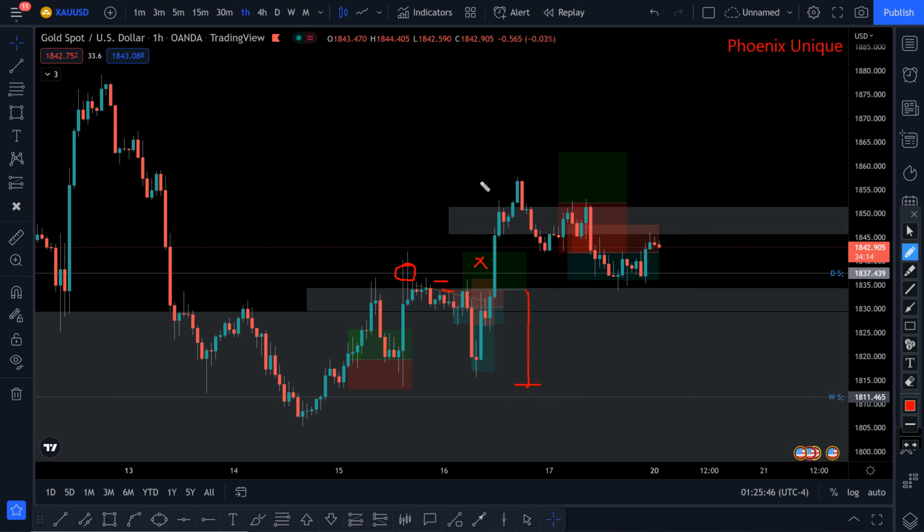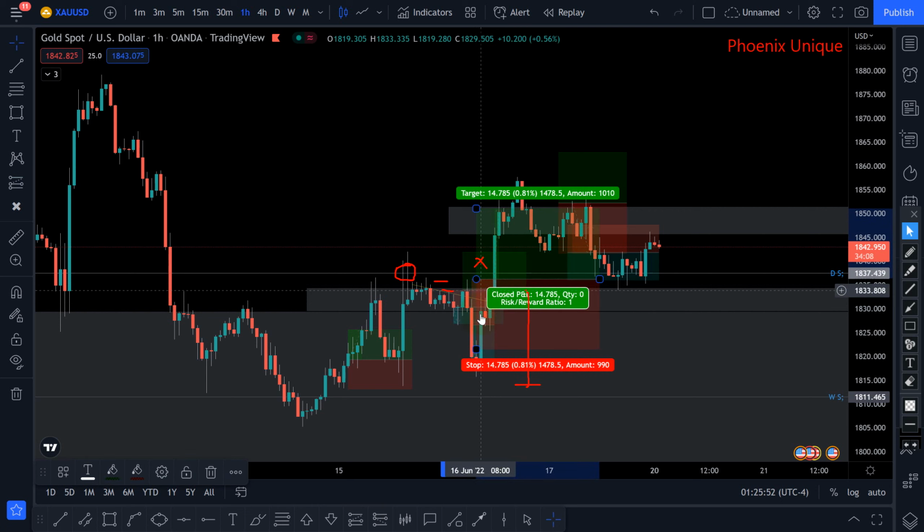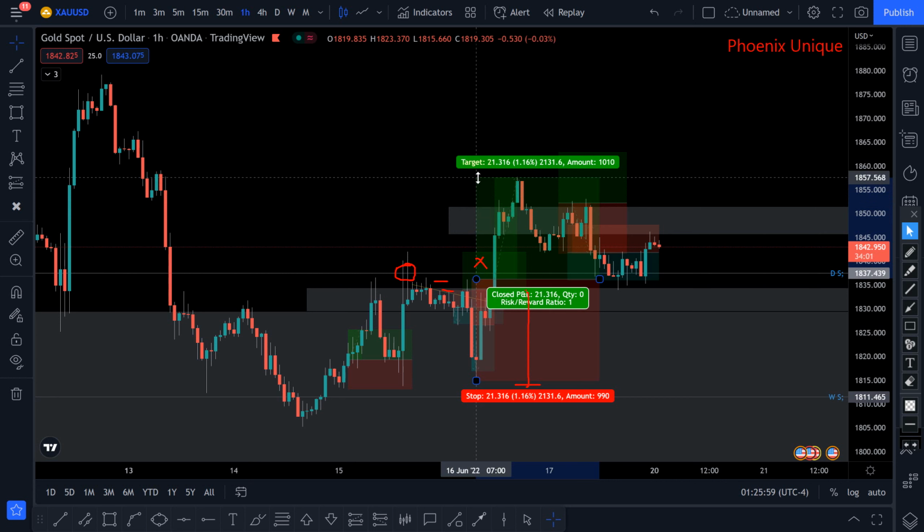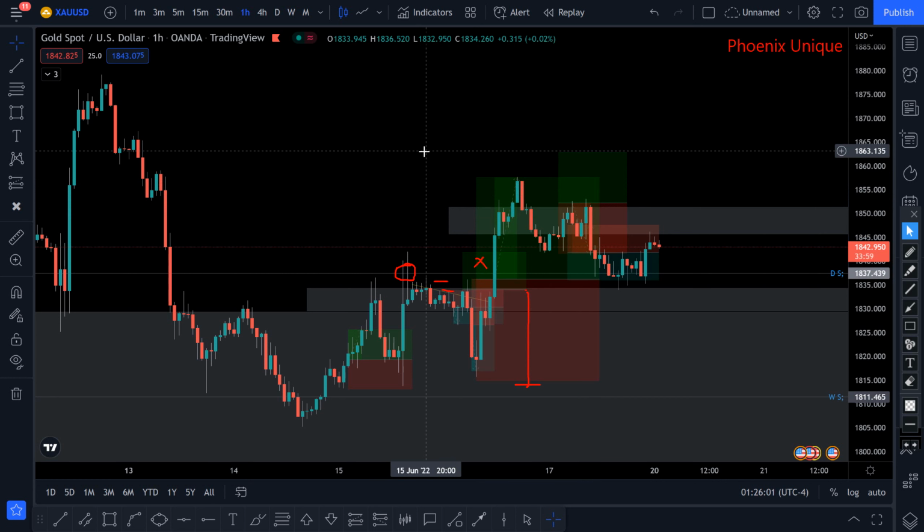But it would still have given us our take profit. Look at this. If my entry was here, my stop loss was here, let's see if it would have given us our TP. You see? It just gave it to us. So if the entry was on the break of this structure, stop loss below here, price just tapped it, then retraced.